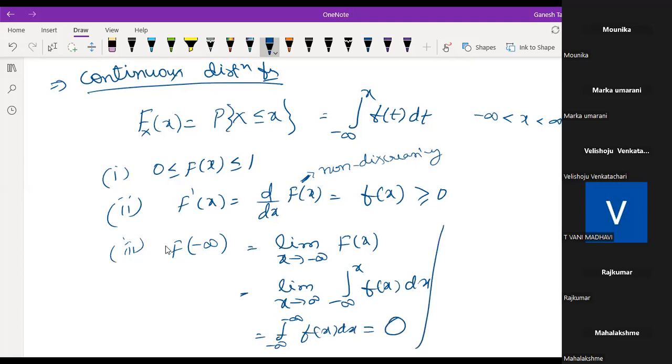In a similar way, F of infinity is limit x tends to infinity, integral minus infinity to x, f of x dx. So that is integral minus infinity to plus infinity, f of x dx. This is your total probability. That is, F of infinity will be 1.